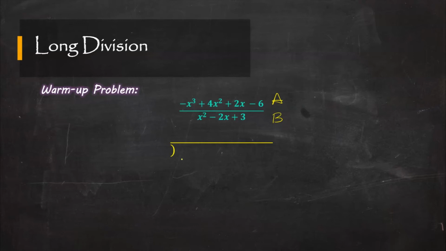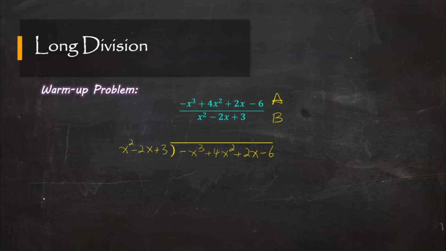Here we will have our polynomial A as the dividend: negative x to the power of 3 plus 4x squared plus 2x minus 6. And then the divisor will be polynomial B: x squared minus 2x plus 3.